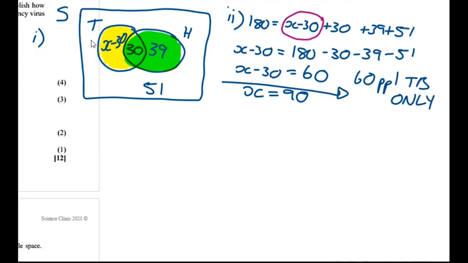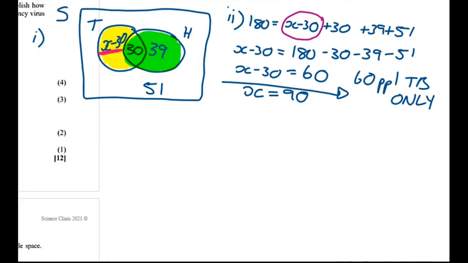It's okay if you solve for X. You would have got X equal to 90, but as long as you pay attention to the question, you would have gone back and gone 90 minus 30, and you still would have got your 60. Your X value is 90, and then TB only is 60. Are we all happy with that?